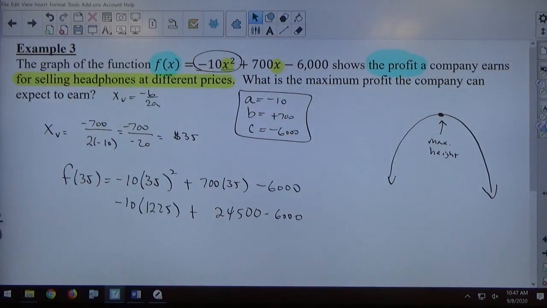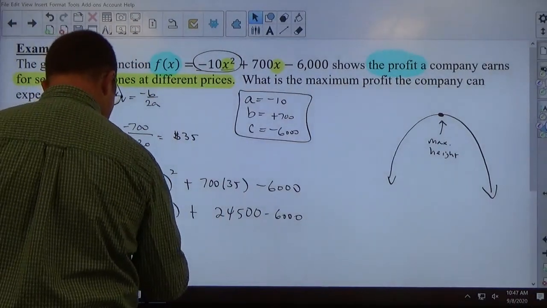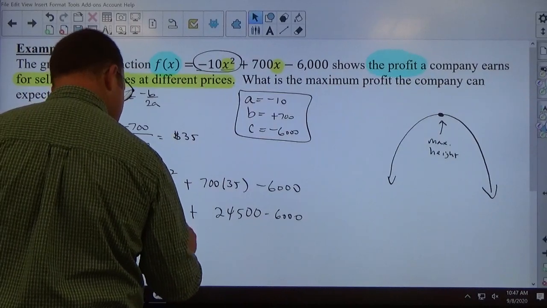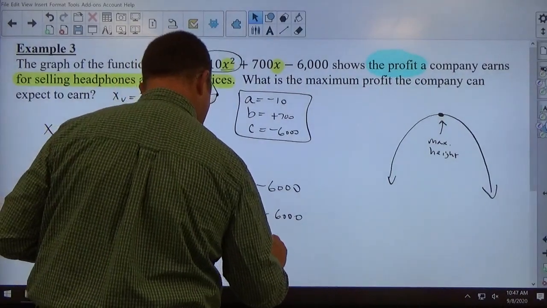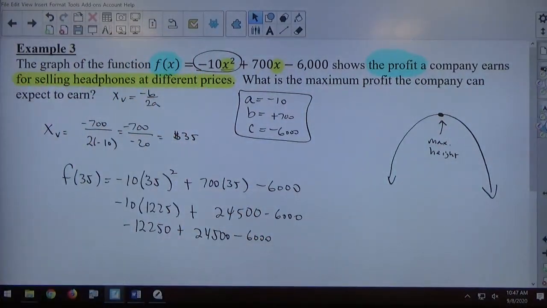Negative 10 times 1225 is negative 12,250, plus 24,500, minus 6,000. I'm getting 6,250 when I do it.